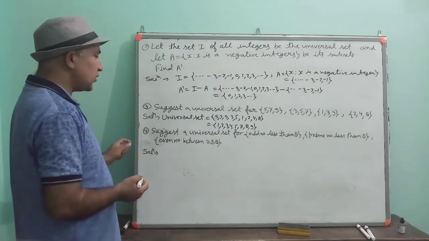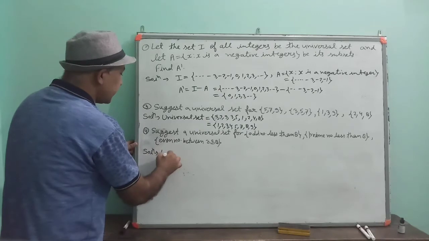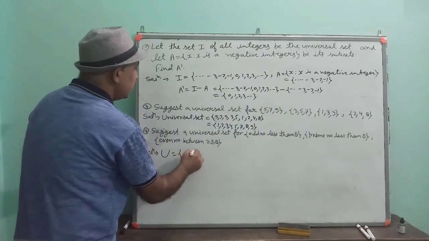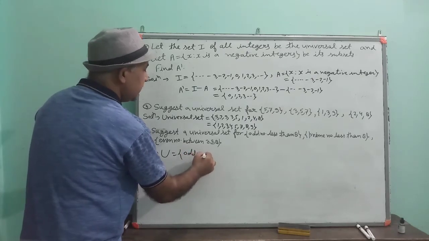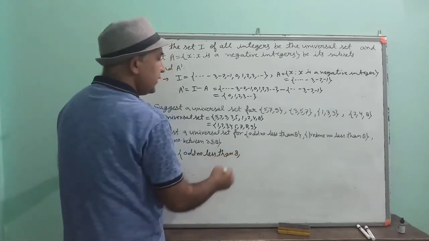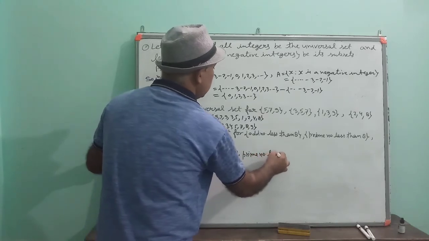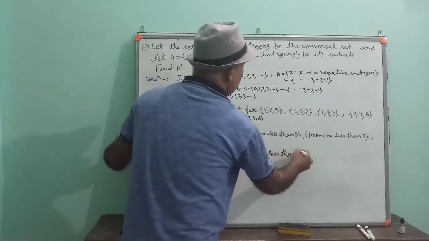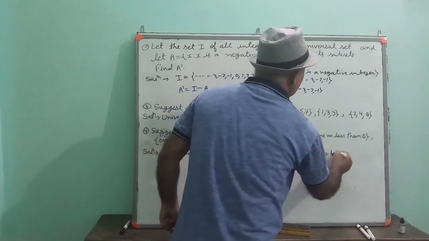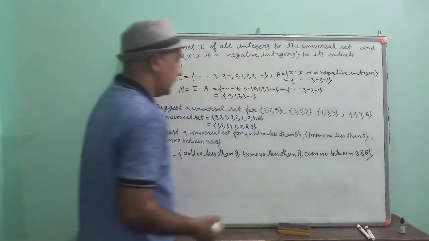By the same way, in the fourth question also we have to make the universal set. If we are making a universal set, then we will take all the numbers. See here: odd numbers less than 8, prime numbers less than 8, and even numbers between 3 and 8.